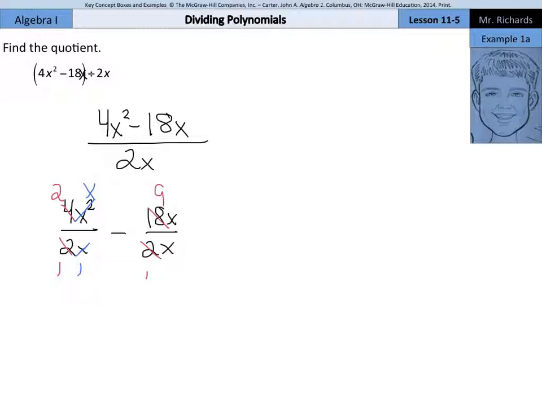And then the x divided by x leaves me just with 1 and 1. So if I reorganize this, I have 2x over 1 minus 9 over 1. Well, that just simplifies into 2x minus 9, which is my final answer.